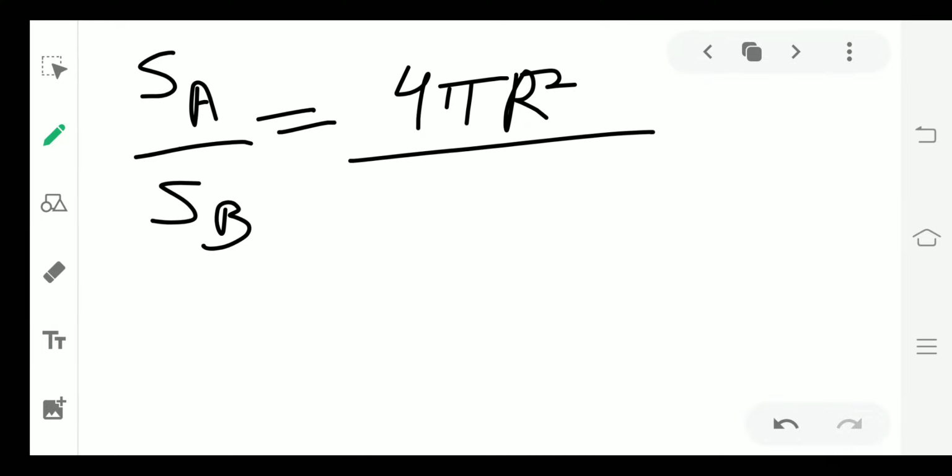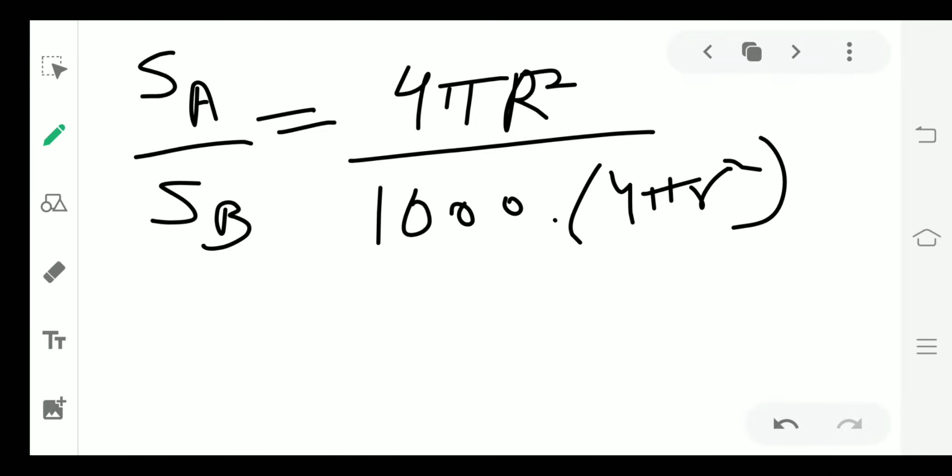So the surface energy of larger drop to the surface energy of smaller drops will be 4 pi r square, surface energy of larger drop, and 1000 times the surface energy of smaller drops. Since we have found the radius of larger drop is 10 times the smaller drops, we will substitute it here, 10 times the radius of the smaller drops.